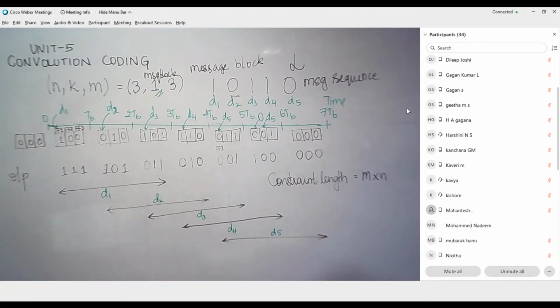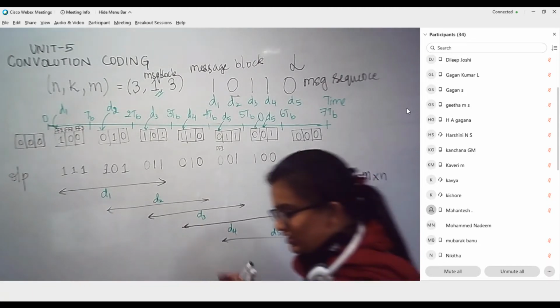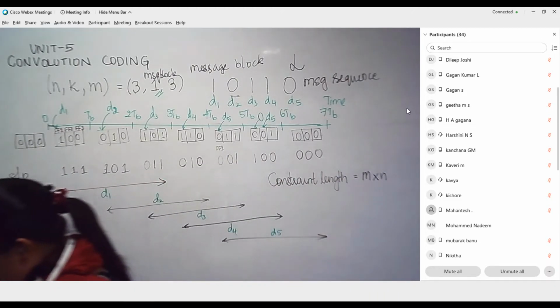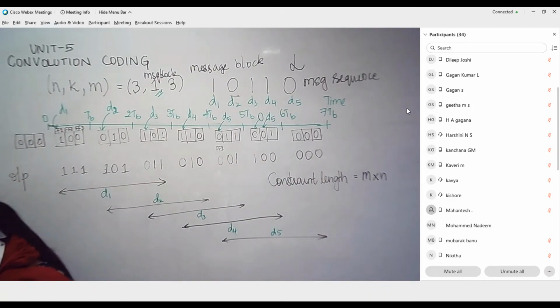So constraint length is given by m into n. We will see the importance of this particular parameter later on. Any doubts so far? Guys, do you have any doubt?